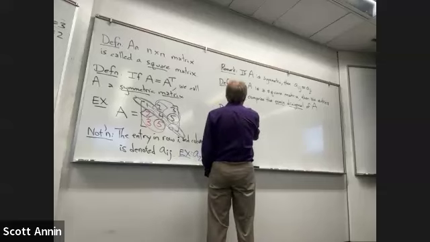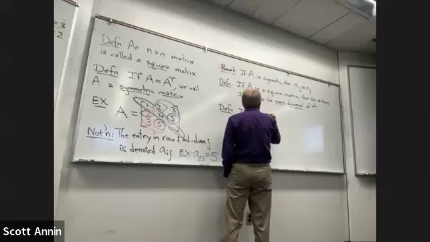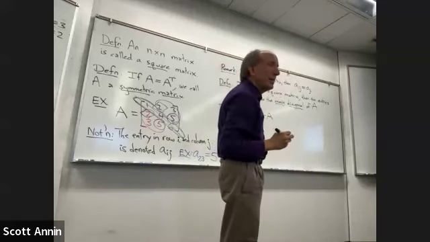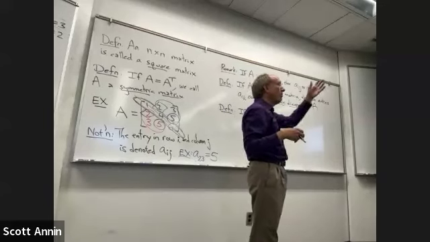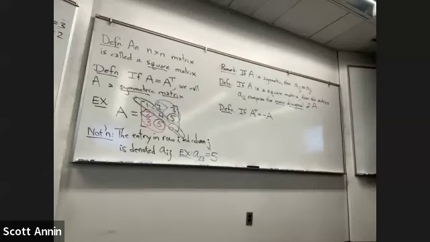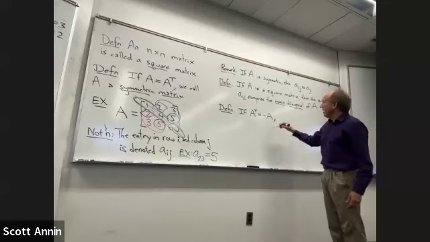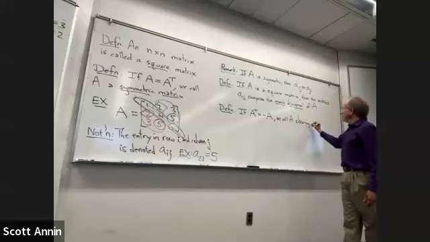If A transpose is not quite equal to A, but is equal to the negative of A. Now, the negative of A is just what you think it is: the matrix where you put minus signs through all of the entries of A. So you just add negatives to everything. If A transpose is equal to negative A, then we call capital A skew symmetric.